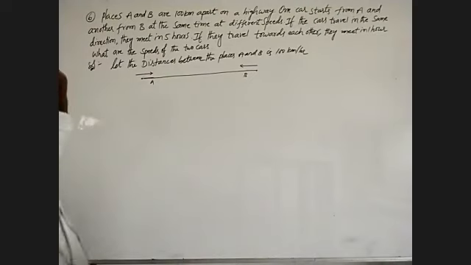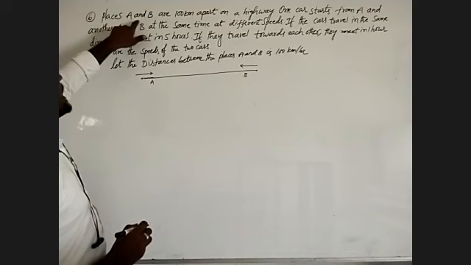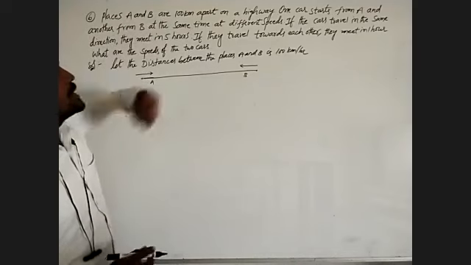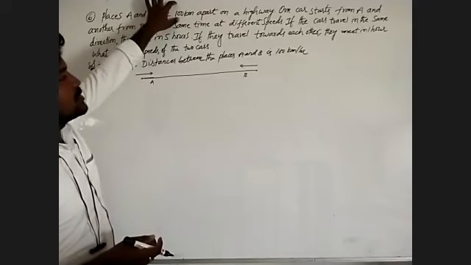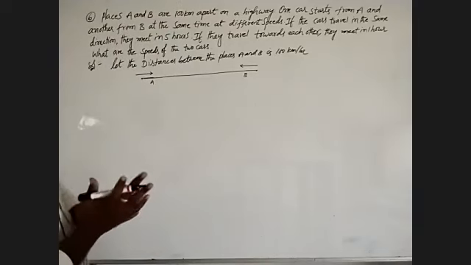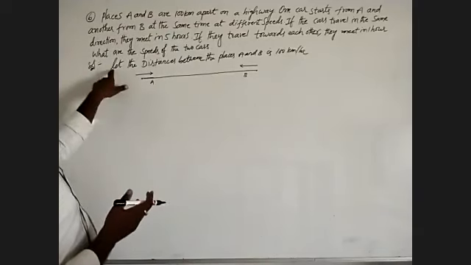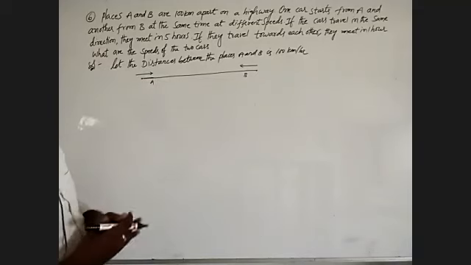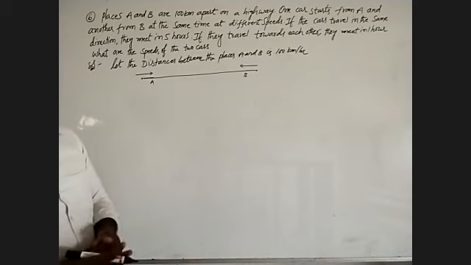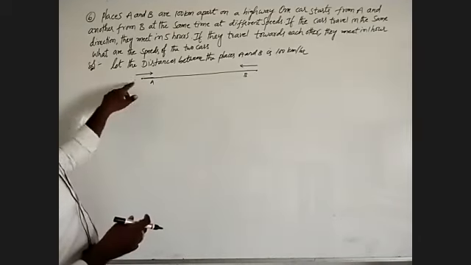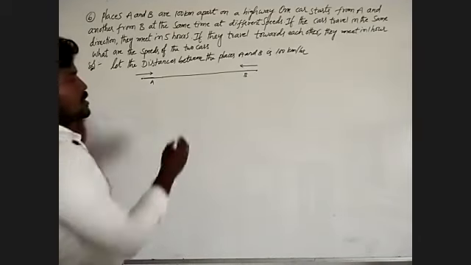Once again, I will explain this one. Places A and B are 100 kilometers apart on a highway. Then the distance between the places A and B is 100 kilometers. This is the path.